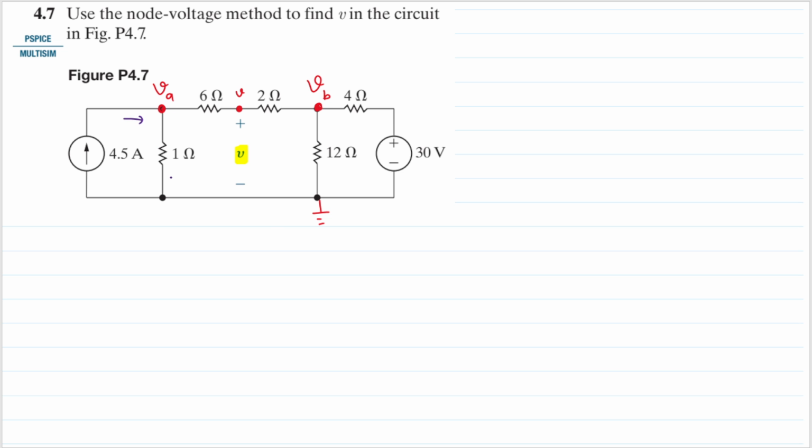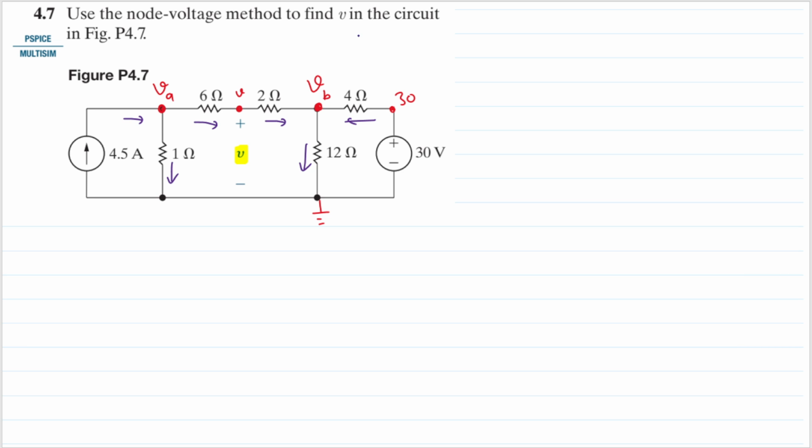Okay, and for the other currents, I just assume the direction like this, and this maybe like that. Okay, and here we have 30 volt from the ground, so this node here will be 30 volt, right? Okay, now we can do KCL at VA, and we also can do KCL at VB.